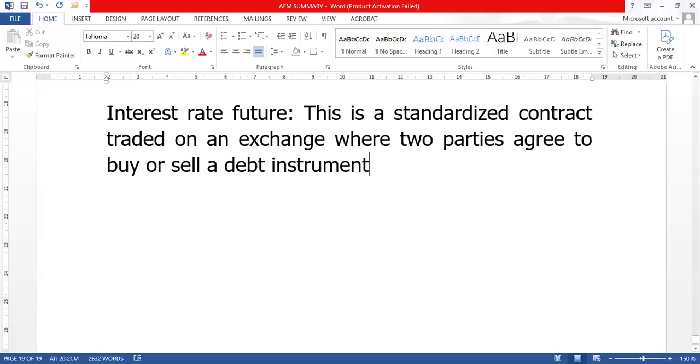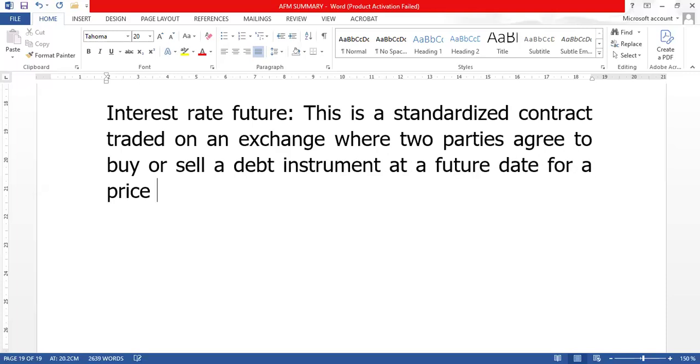Maybe you're dealing with another instrument that involves interest. As long as that instrument involves interest, it can also be part of a debt instrument. So it's a standardized contract traded on an exchange where two parties agree to buy or sell a debt instrument at a future date, for a price agreed upon today.